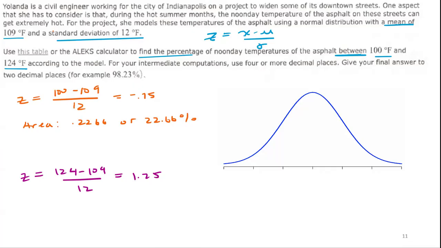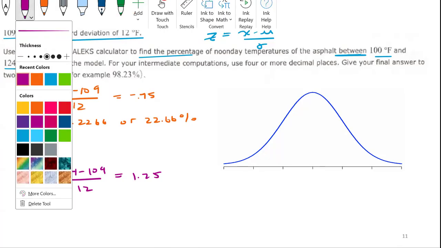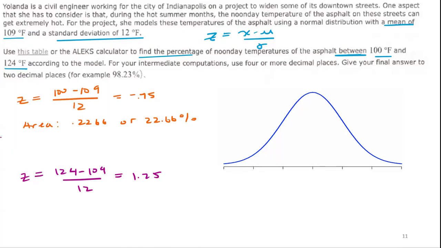The other one, when I look at the chart for 1.25, is 0.8944, or 89.44%.